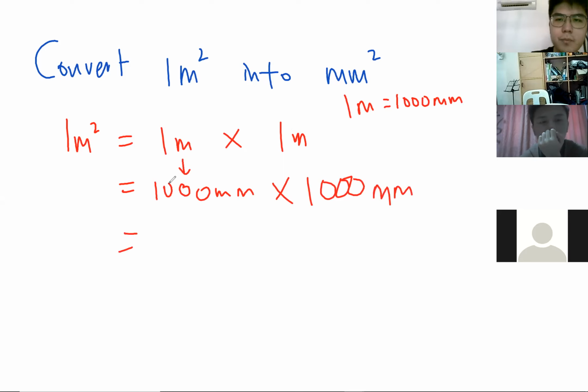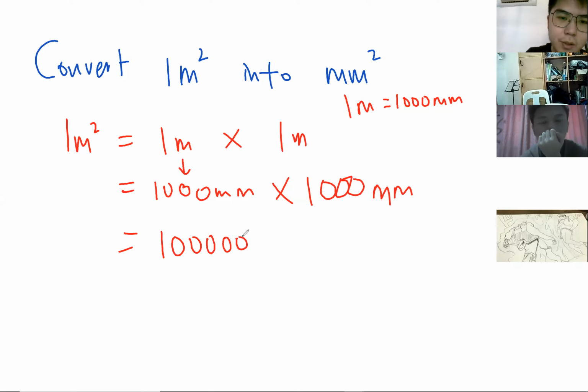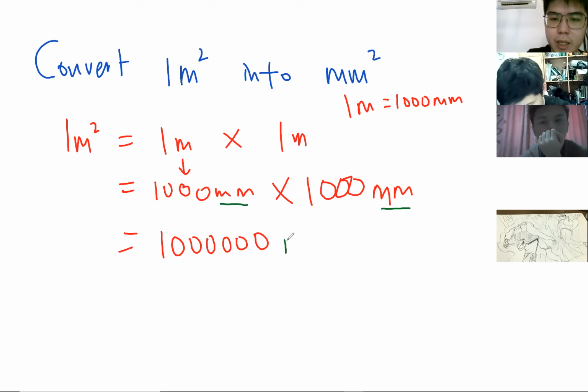Next you multiply the numbers together. 1000 multiplied by another 1000, you get 1 million, 1 and then 6 zeros. Millimeter multiplied by millimeter is millimeter square. So the answer is 1 meter square equals 1 million millimeter square.